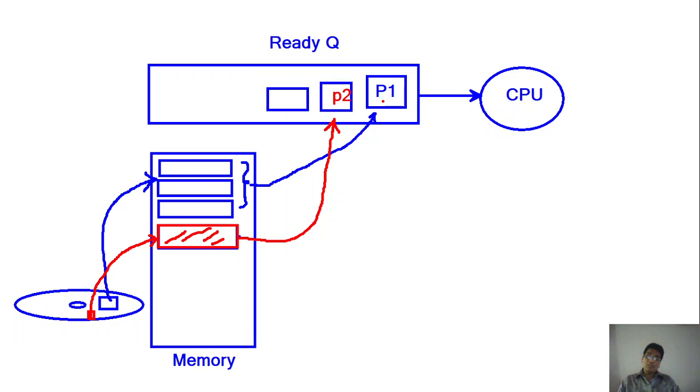Now what if process 2 goes and tells the operating system that I want one page, I need one or more frames for my processing. So the operating system as usual will try to find that page, and it will try to bring in that page for that process.